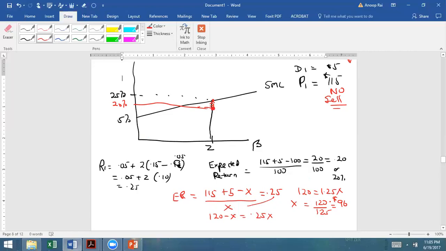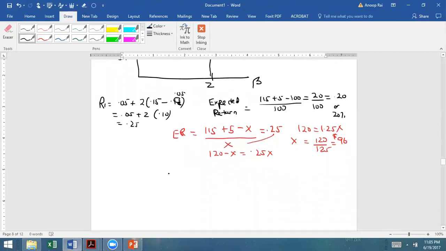So if we could get the stock at 96, let's see what our expected return is. At 96, my expected return is 115 plus 5 minus 96, over 96. In other words, I make $24 over 96, and lo and behold, it's 25%.